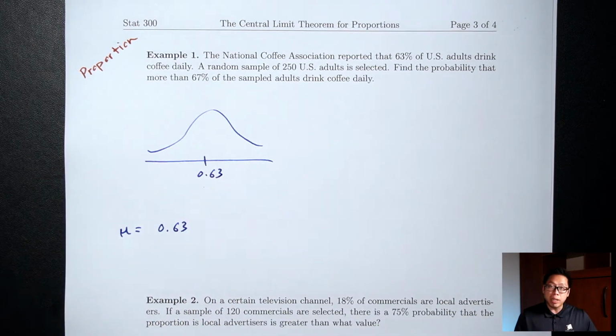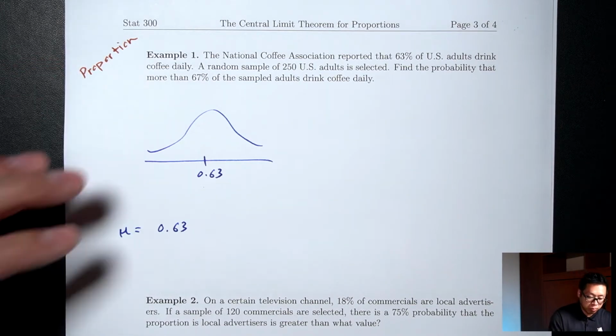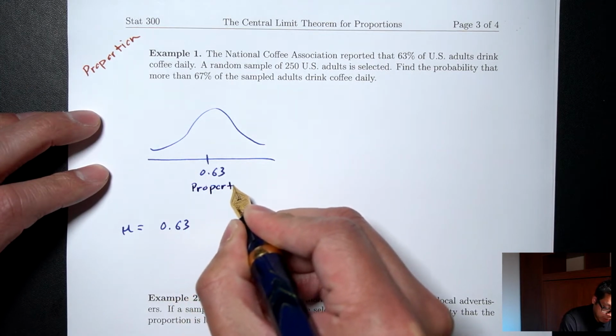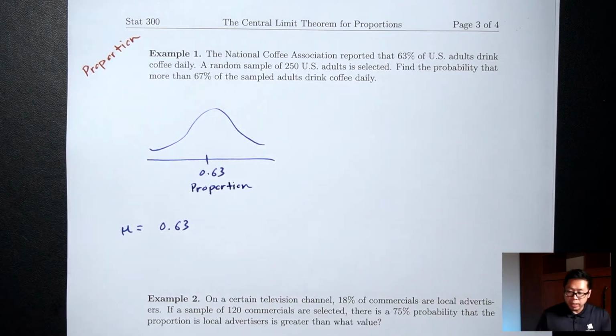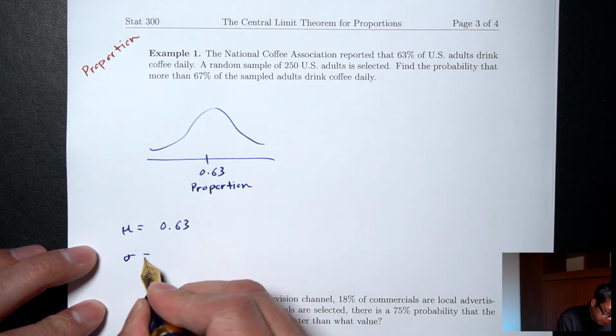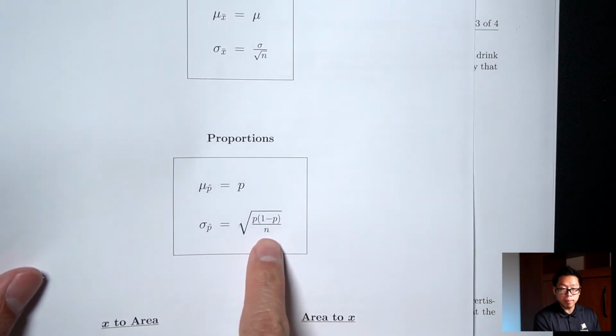And then let me label the x-axis as usual. For proportion questions, the x-axis is always going to be proportions. And then let me write down the standard deviation. Okay, the standard deviation is going to be this big square root formula. So big square root.